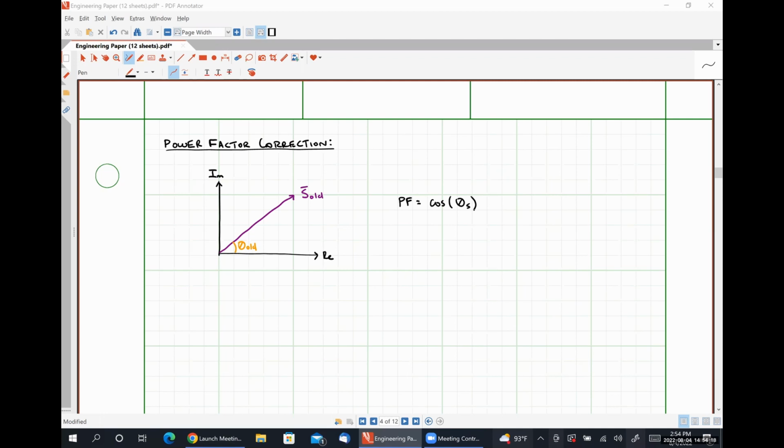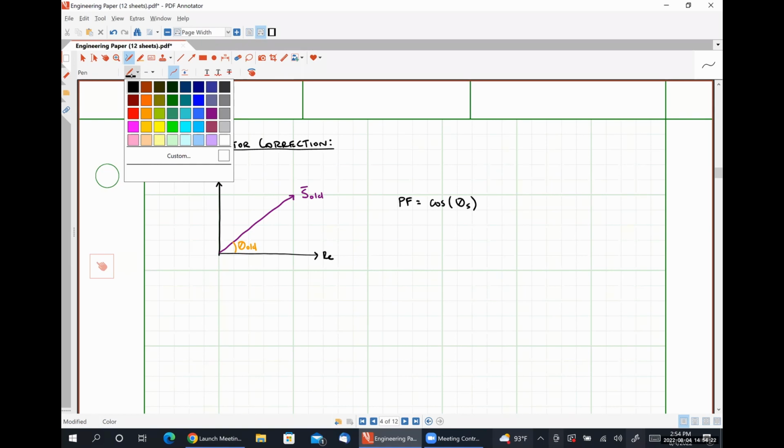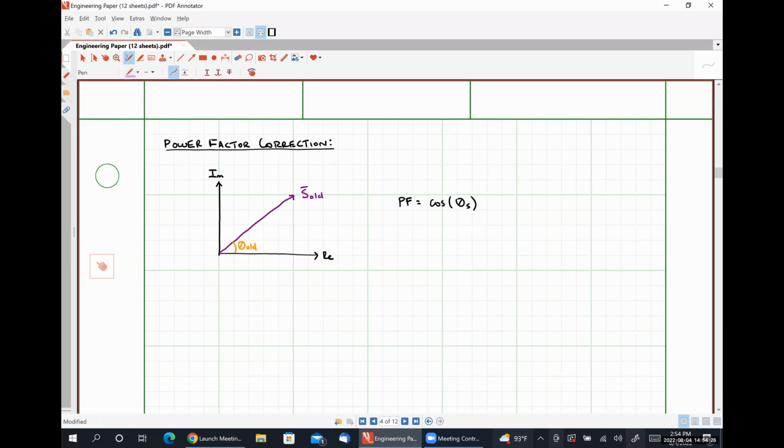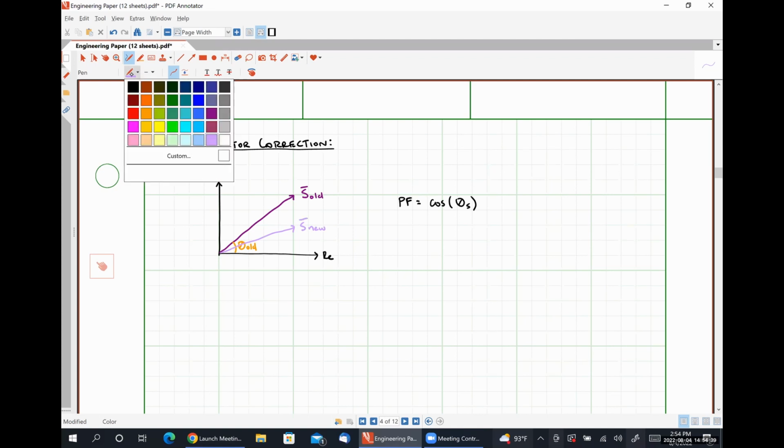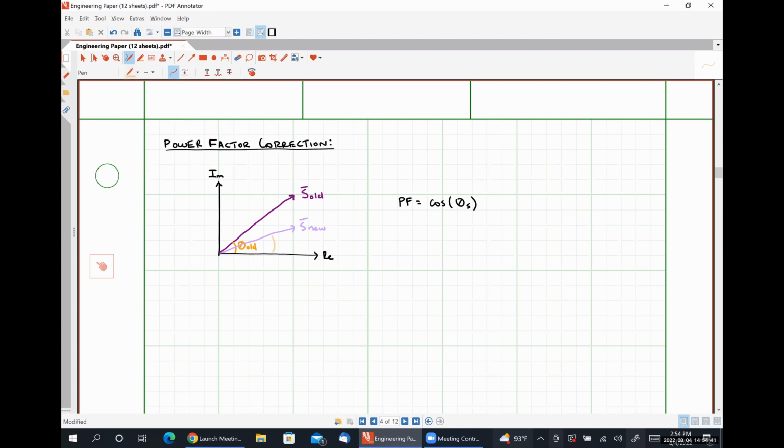Smaller, absolutely correct. So our goal is that after power factor correction, I'll do this in, I guess, light purple, we might have something like this, where I'm going to call this S new, and I'm going to call this angle theta new, okay?